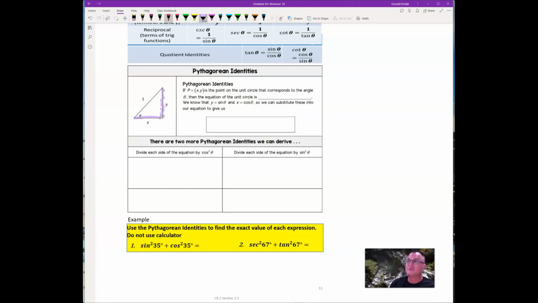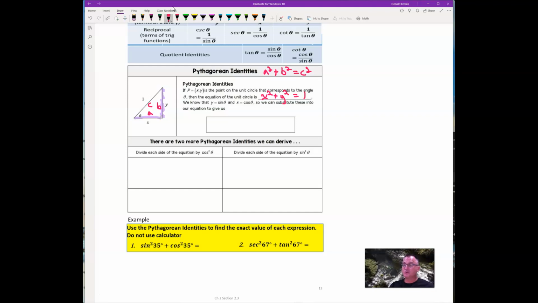If you took the length of the leg and you squared it, and then you took the length of the other leg and squared it, you would get the length of the hypotenuse squared, which in this case is 1 squared, which is 1. So our Pythagorean identity, when you learned about the Pythagorean theorem, it was a squared plus b squared equals c squared.